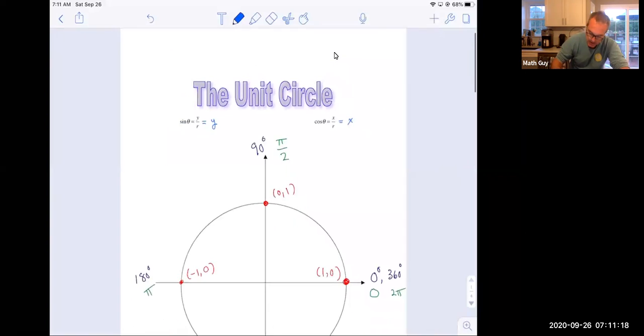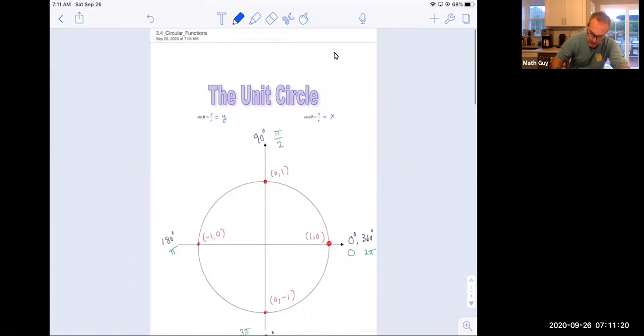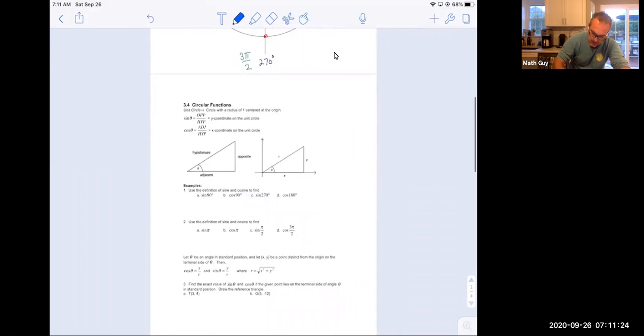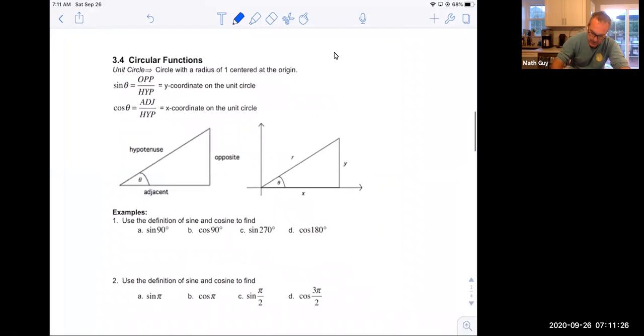Okay, so what does all this mean? I'm going to flip ahead and look at a couple problems here. There are some definitions. I mentioned that in geometry, we looked at sine and cosine in terms of a right triangle.